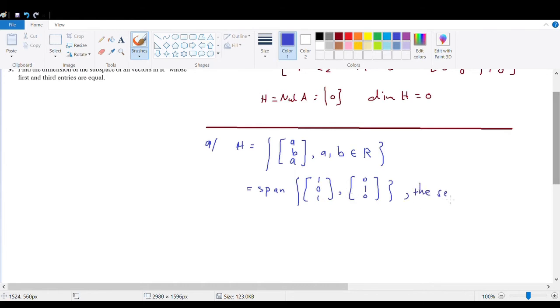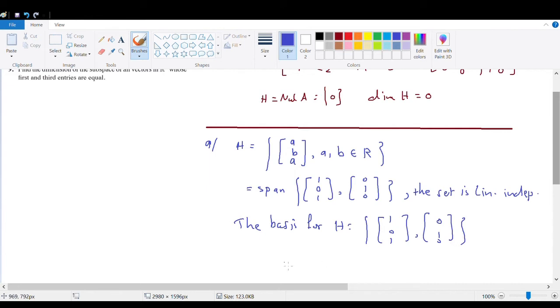So the set is linearly independent. So the basis for H is these two vectors 1, 0, 1 and 0, 1, 0. So now the dimension of H should be equal to 2, since we have two vectors in the basis.